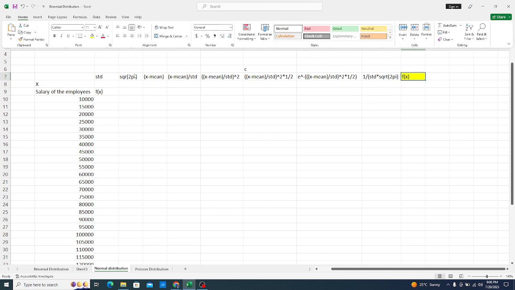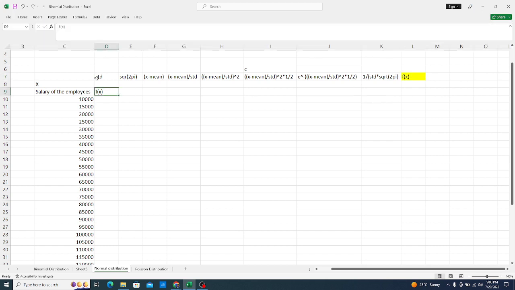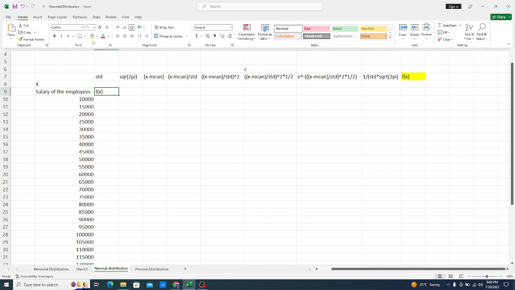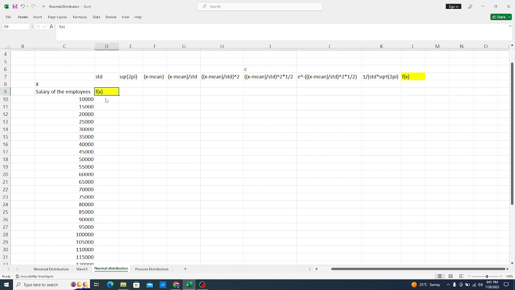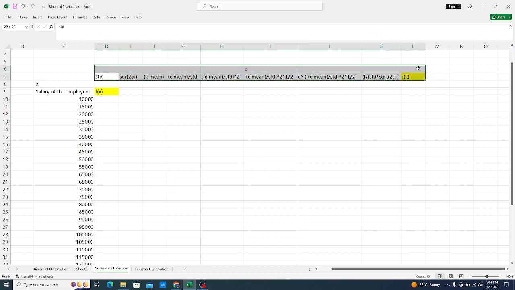If it is the same value as when you use the inbuilt Excel functions, just to cross check your accuracy, then it means your procedure and also your computation were correct. Okay, nice.